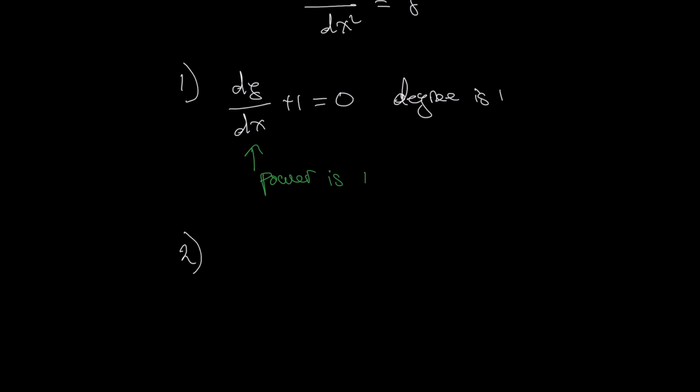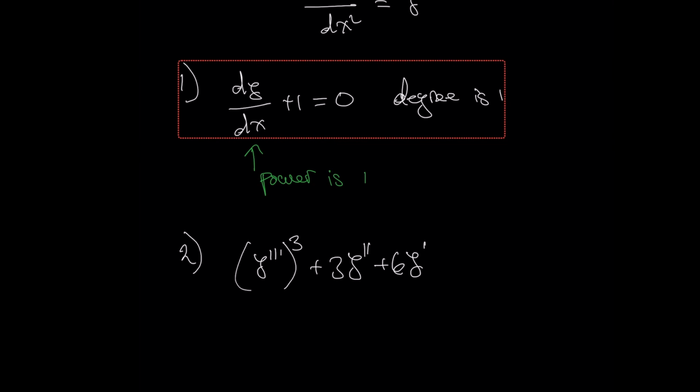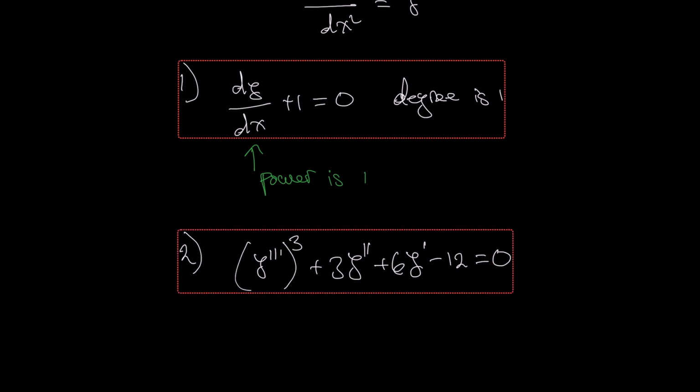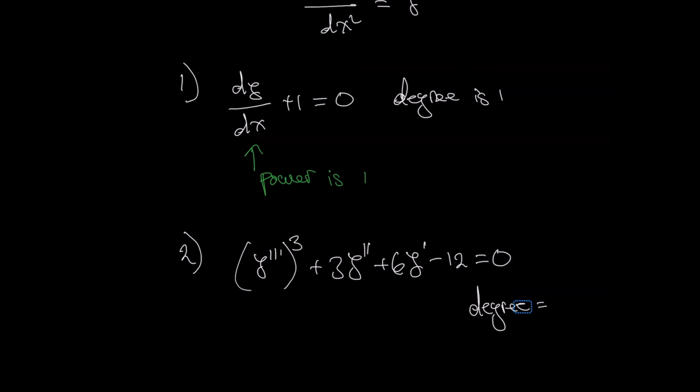This is the third derivative of y, plus 3 times the second derivative of y, plus 6 times the first derivative of y, minus 12 being equal to 0. So the degree here is 3 because of this power.